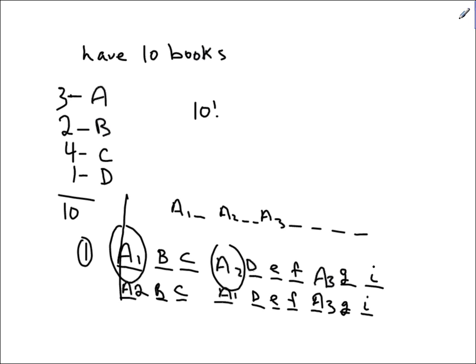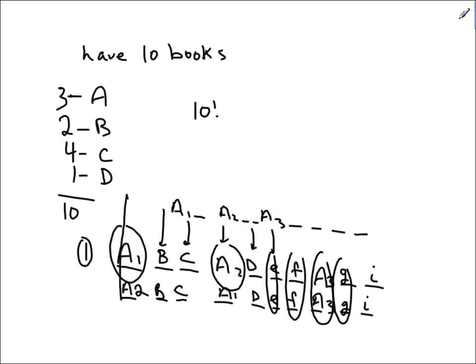First book is A, second book is B, and then C, and then A again, and then D, and they're both E's, they're both F's, they're both A, they're both E, say G, and they're both I books. Well, we can't count these the same.